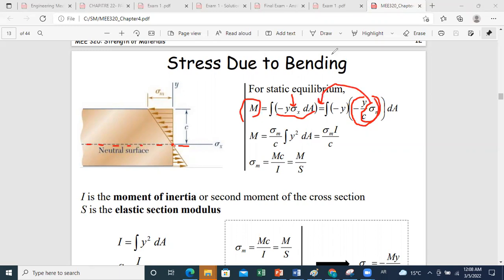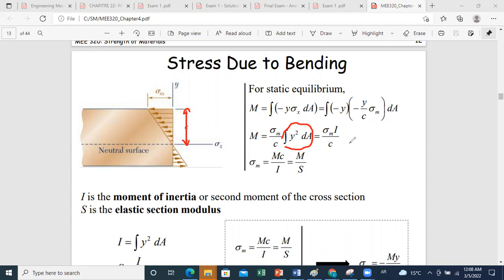Then the bending moment in pure bending application can be computed as the maximum stress over C, which is the farthest distance from the neutral axis, times integral y squared dA. This term is called the second moment, or the moment of inertia of the cross section.